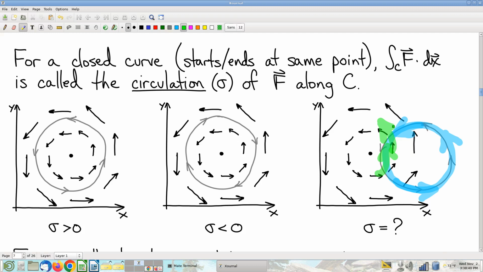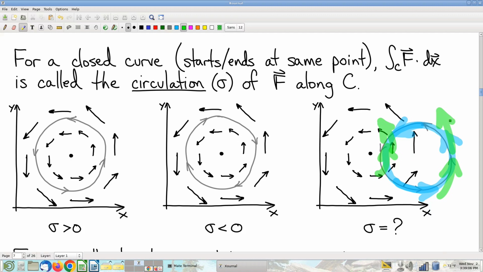So you would expect a negative line integral, at least along this part of the curve, whereas over on this side the fluid is flowing up and the curve over here is oriented up. So you expect positive terms on the right, negative terms on the left, and there's going to be a balance of some sort.